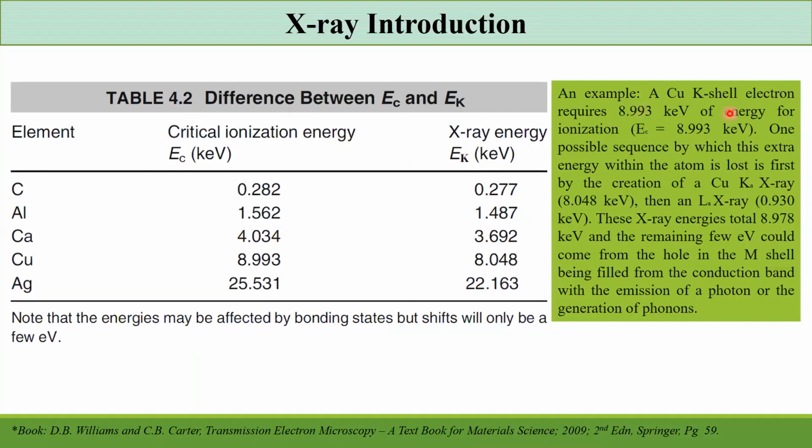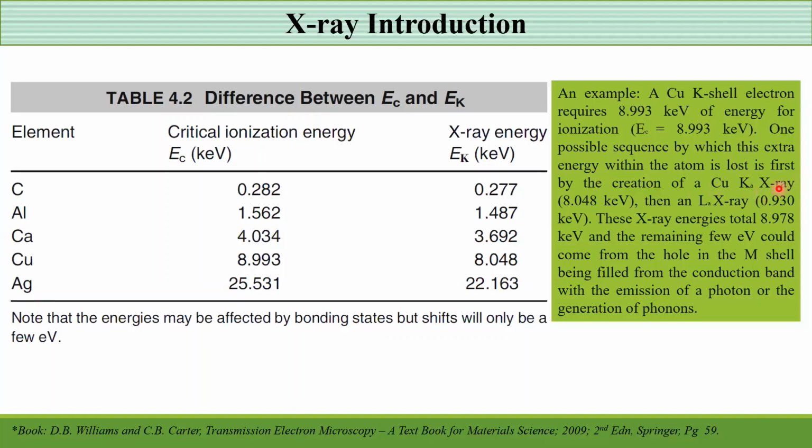If you read here, a copper K-shell electron requires 8.993 keV of energy for ionization. One possible sequence by which this extra energy within the atom is lost is first by creation of a copper K alpha X-ray. So the first K-shell electron has to be detached, then from the L to K, there is an electronic transition.